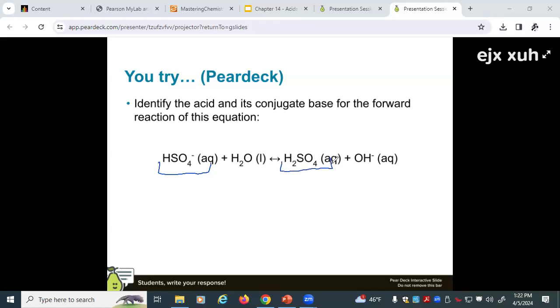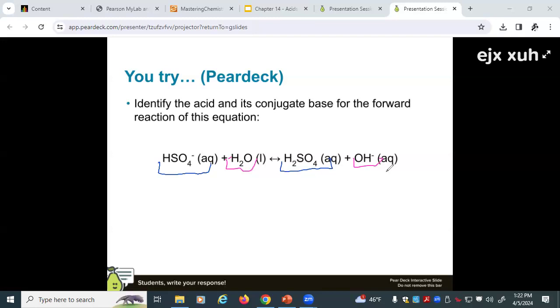They're very similar in formula. They're only separated by a hydrogen. So that's one of my potential pairs. The other potential pair would be the water and the hydroxide, because those two, again, are only separated by a hydrogen. So those are my two conjugate pairs. We just haven't identified which pair is which yet.